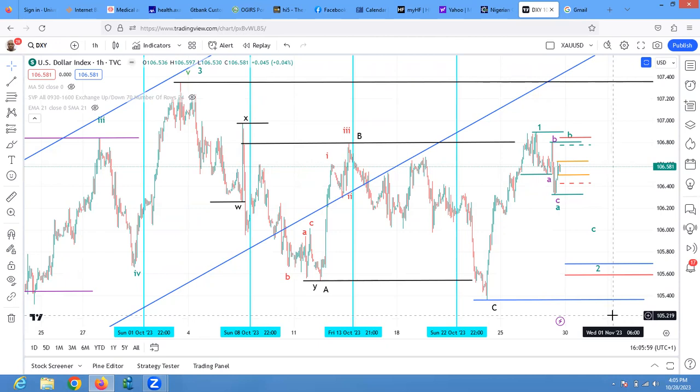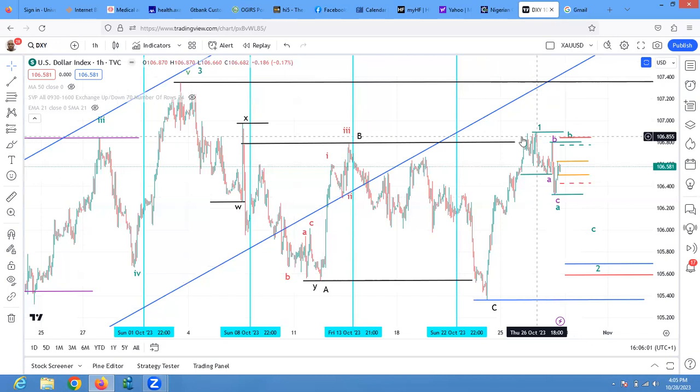What nullifies that is the fact that this had broken this structure. We waited for it. It has broken this structure to the upside, and we know that this one can only be coming down to correct this.